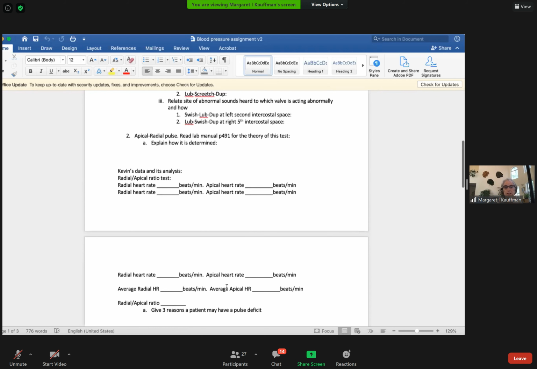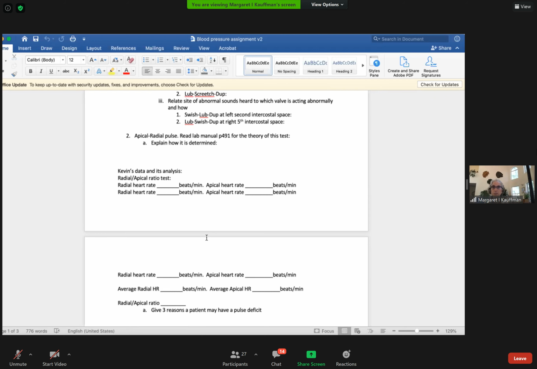Basically, something that interferes with cardiac function, like atrial fibrillation, would give you a weak systolic pressure because your end diastolic volume would drop, your preload would drop.